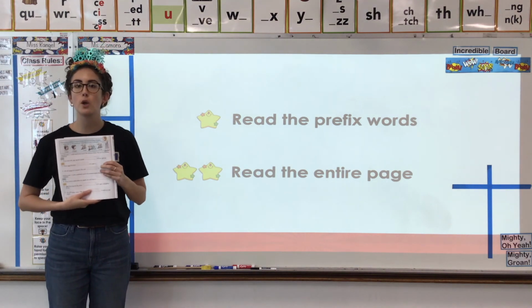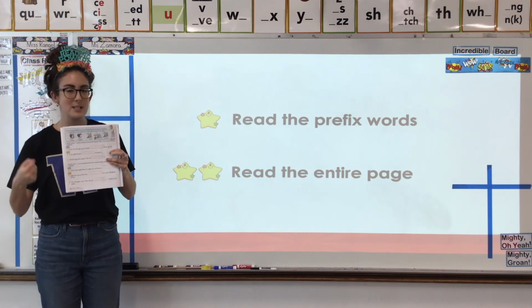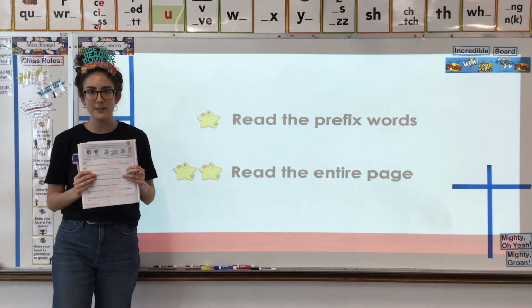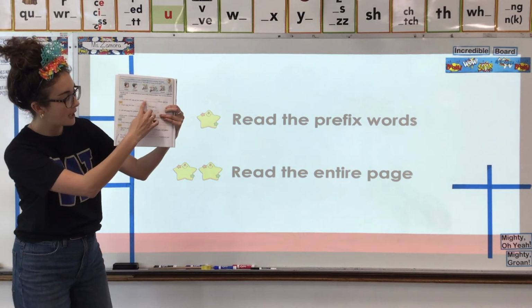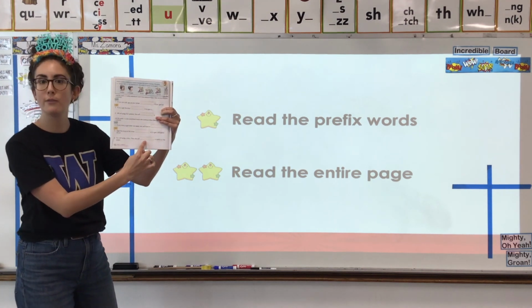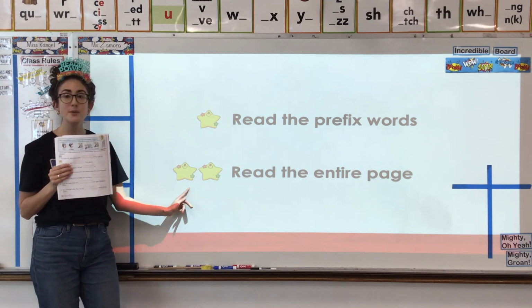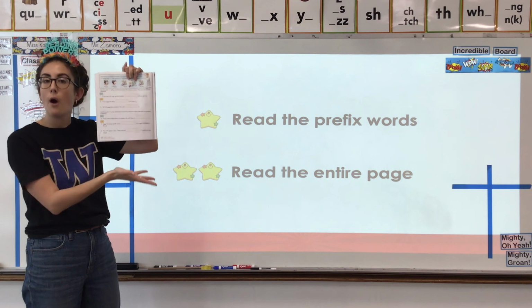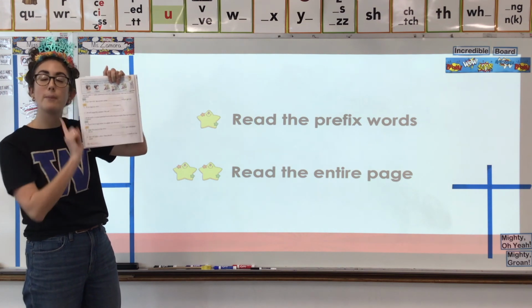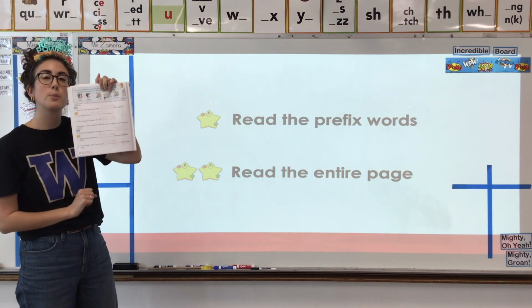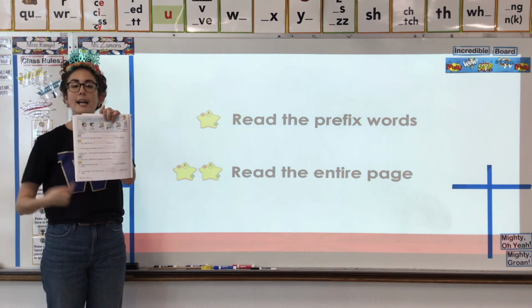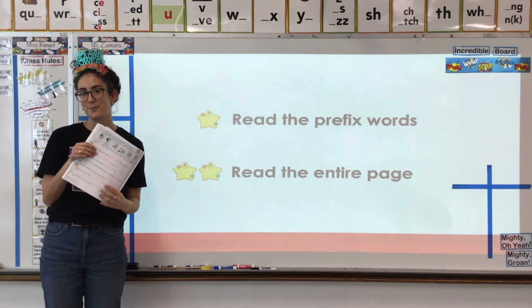Make sure you can always decode the base word, so the original verb, before you add that prefix. So 1 star is reading your new verbs. 2 stars, I want to hear you reading the entire page. All the sentences with both the base words and those new prefix verbs. So 2 stars, read entire page 92.